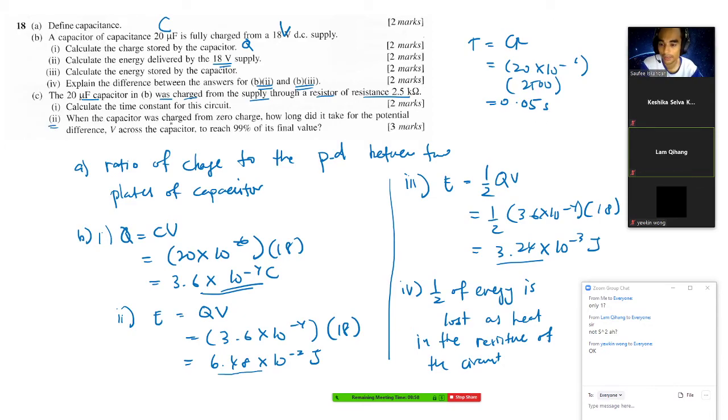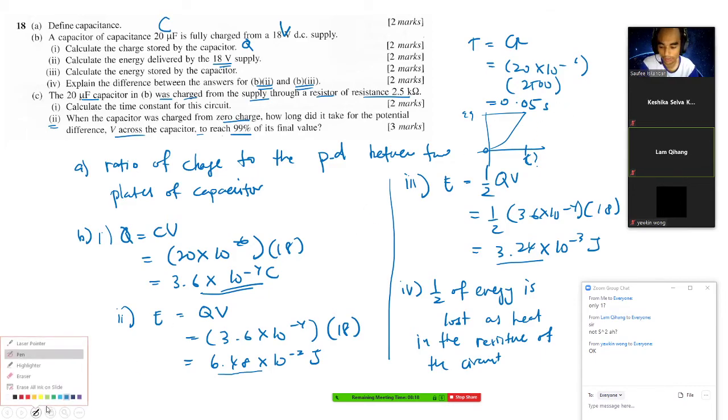B number 2, when the capacitor is charged from zero charge, how long does it take for the potential difference V across the capacitor to reach 99% of its final value. So we have 0 going up until 99%. How much time T is needed?